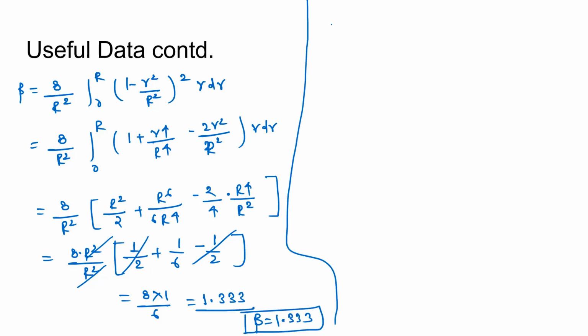In the same way, the kinetic energy correction factor alpha will be the kinetic energy per second across the section based on actual velocity, which is based on u, divided by the kinetic energy per second across the section based on mean velocity, that is u bar.